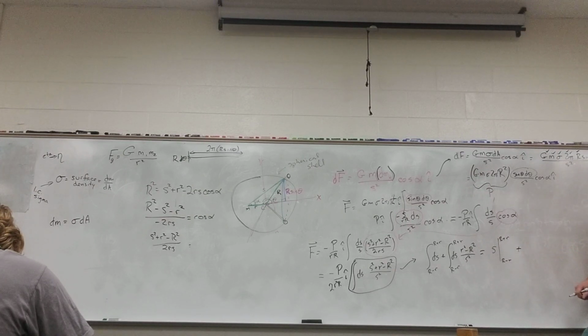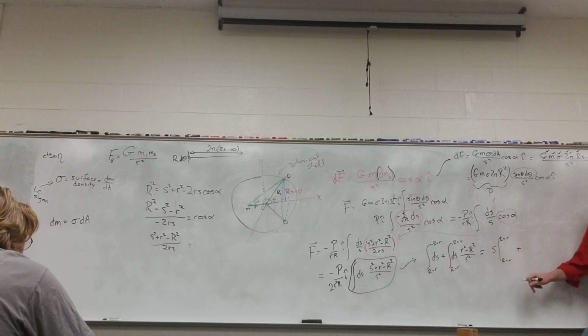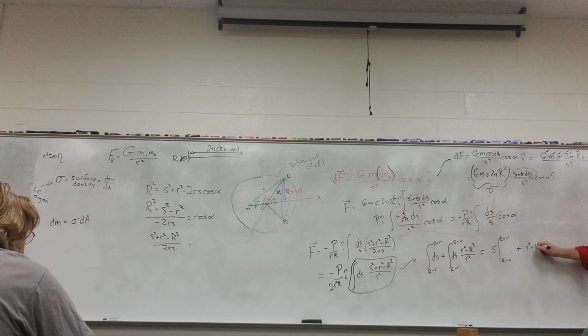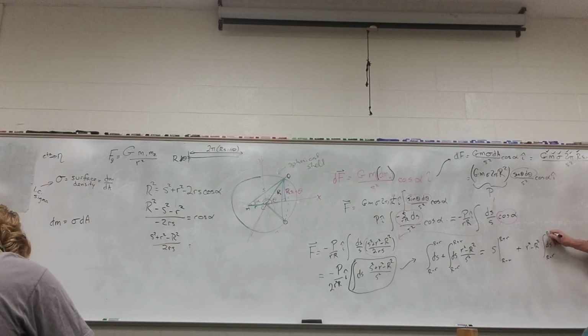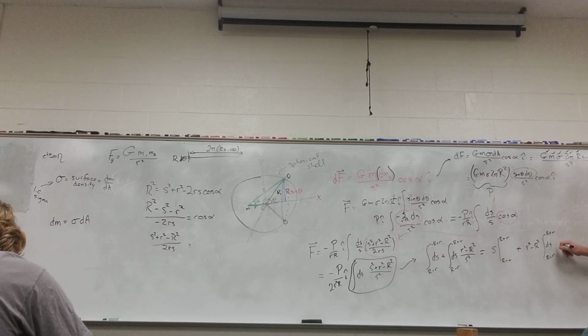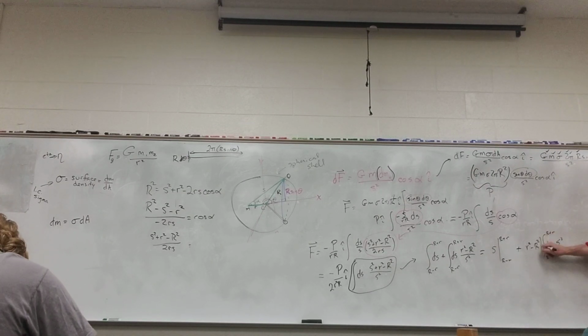Plus, in essence, we have an S to the negative 2 here. So we have little r squared minus big R squared, integral ds, from big R minus little r to big R plus little r, of S to the negative 2. Yep, parentheses there.